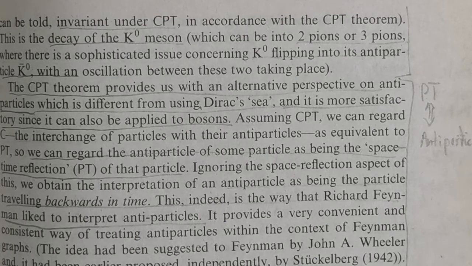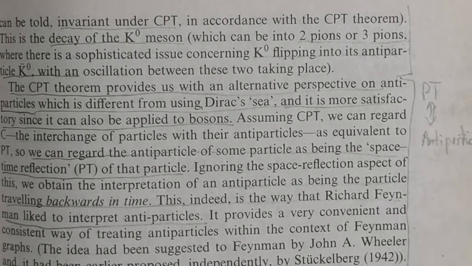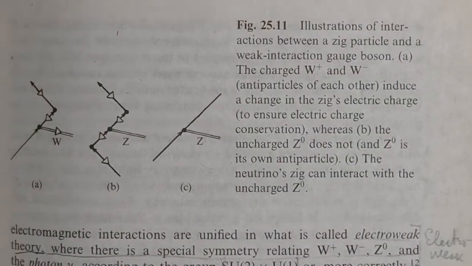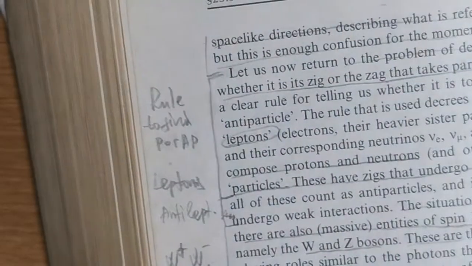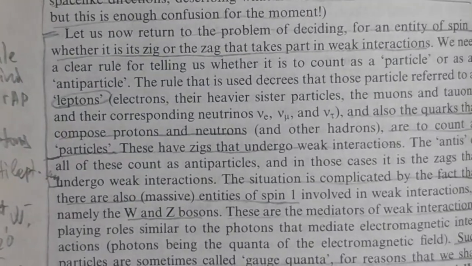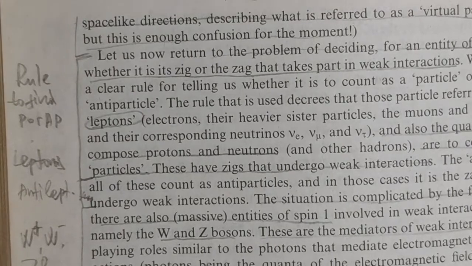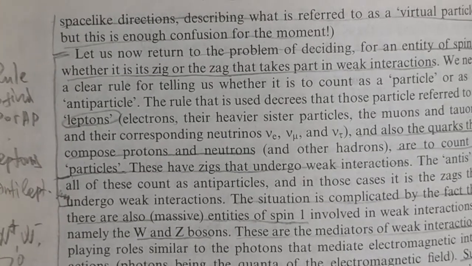But to be clear, he's saying that the reflection of the PT would be the antiparticle. But if you wouldn't have a reflection, I would assume it's just the normal particle. But you will always have the reflection. Maybe it will be identical, as in the case of the photon, right? You can have a particle which is its own antiparticle, but you will also have the reflection. Yeah, of course, you would have both.